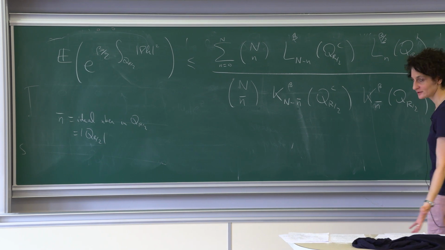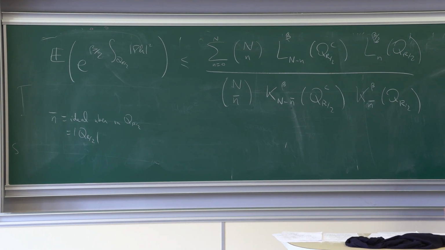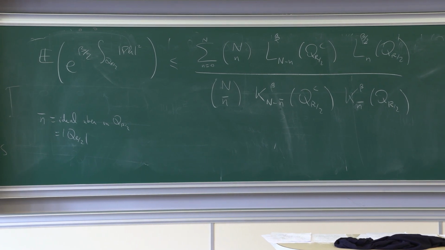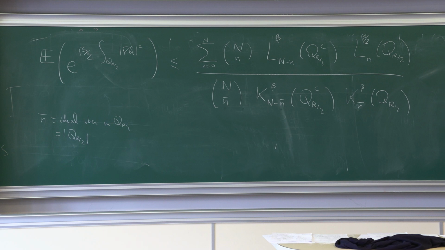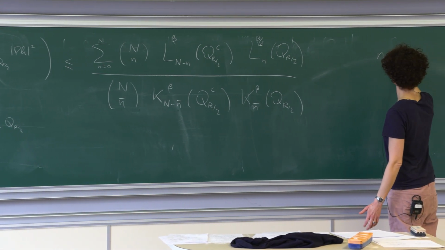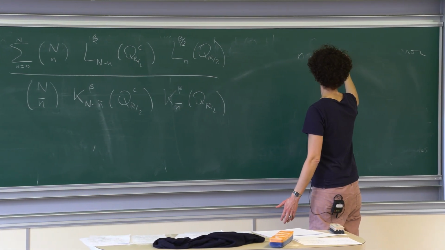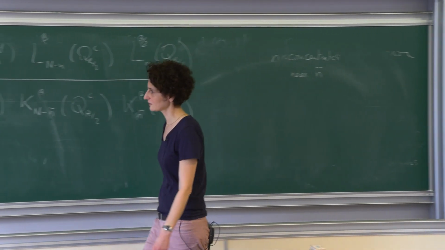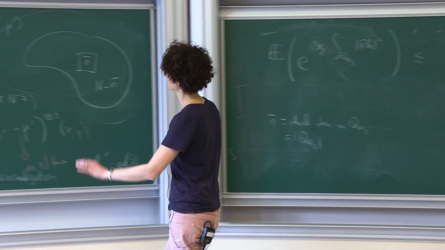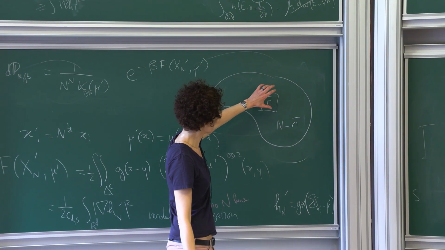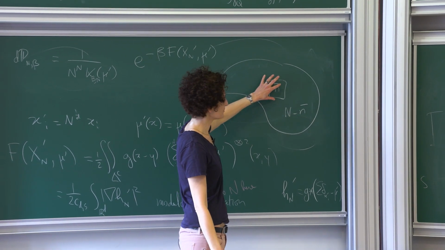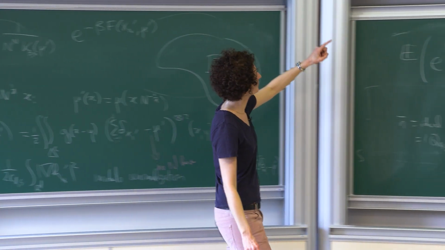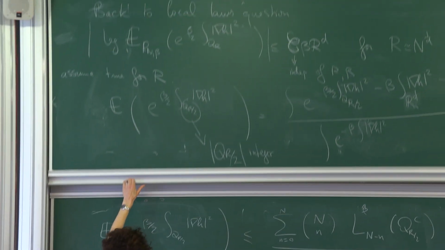Okay, so now you have to work a little bit. You have to say, I have some initial rough estimates that tell me that n concentrates near n bar. Because my concentration estimates tell me that if I had too much deviation of the number of points here, I would have a very large energy, and that would be contradictory with my law at the upper scale.